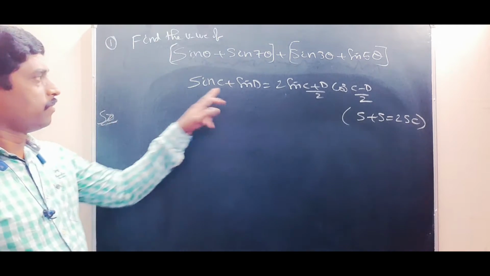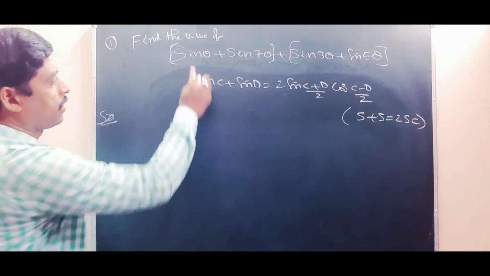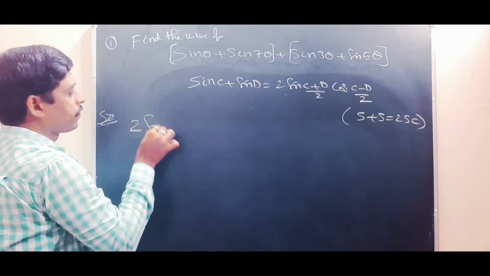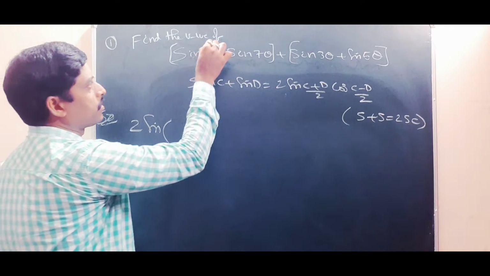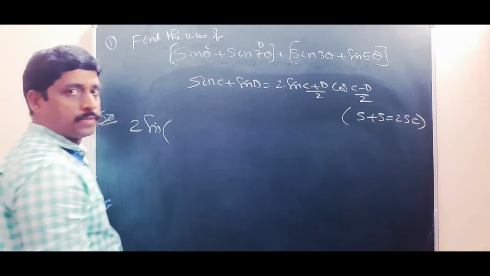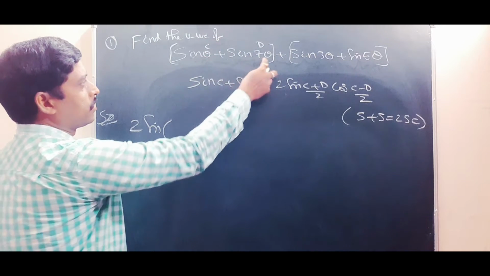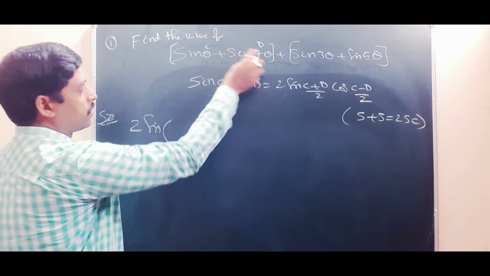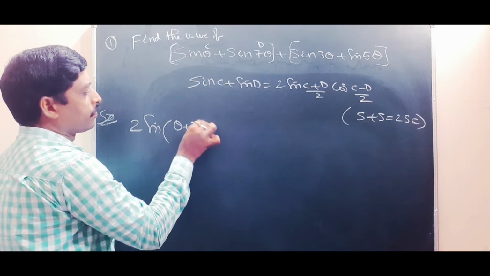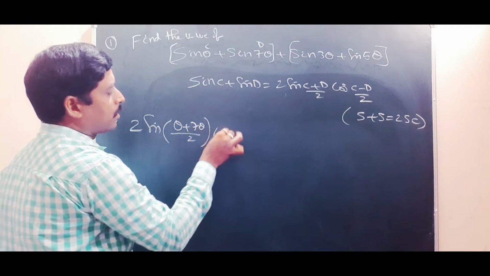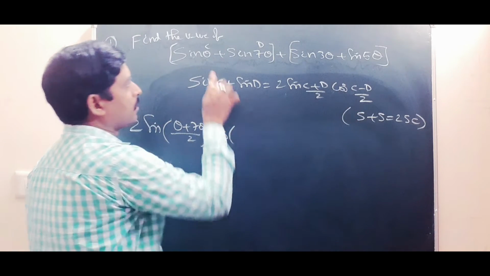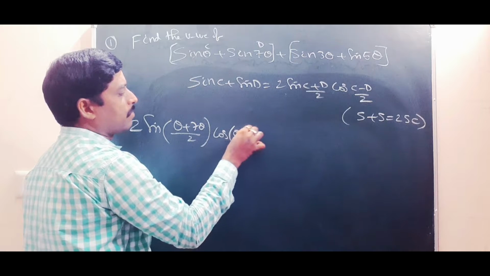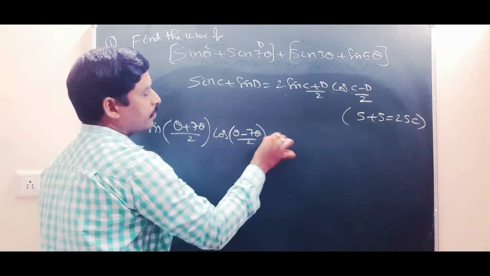Now we apply this formula to 7 theta and theta: 2 sin (theta plus 7 theta) by 2 cos (theta minus 7 theta) by 2.